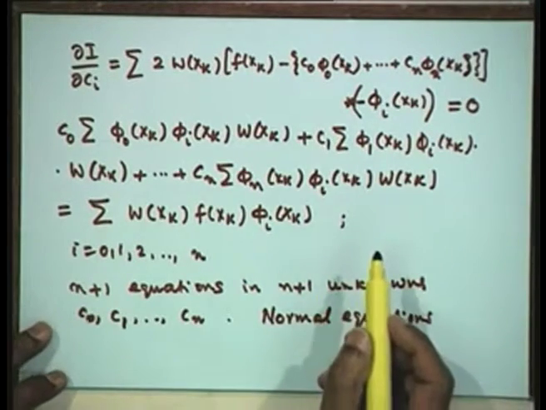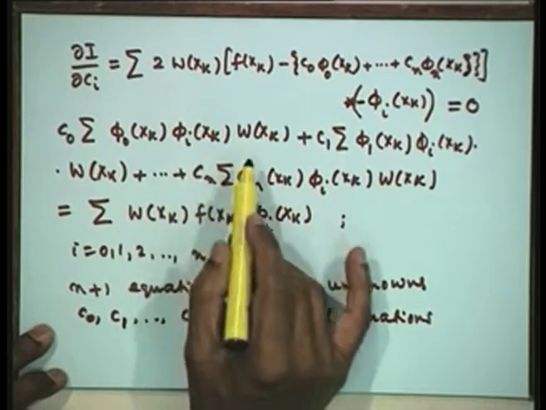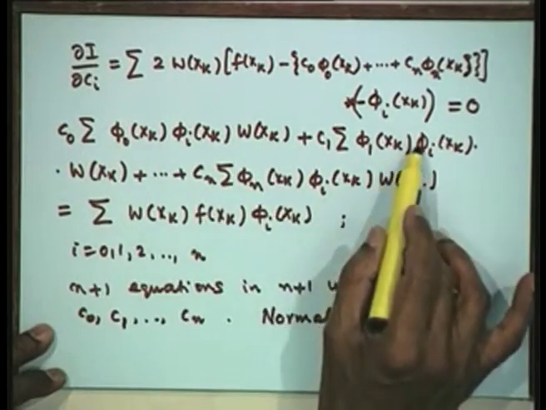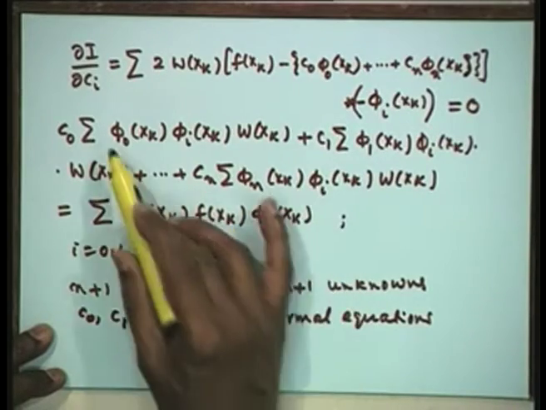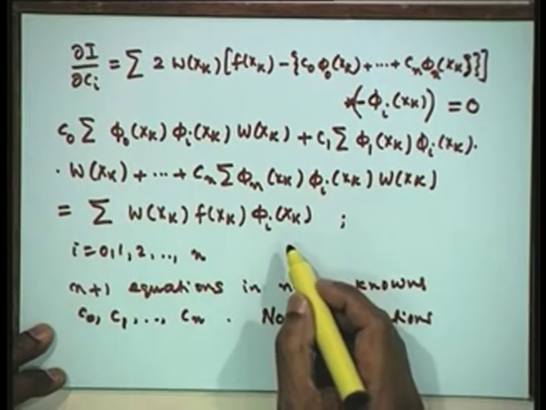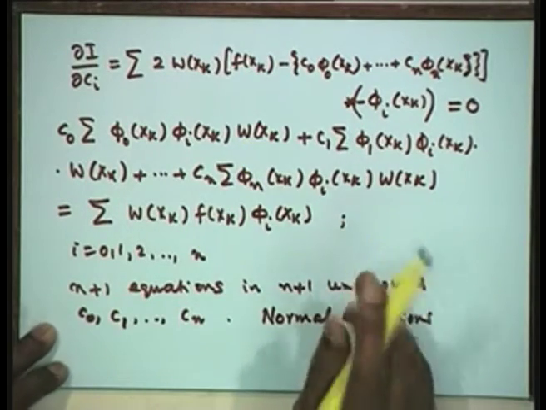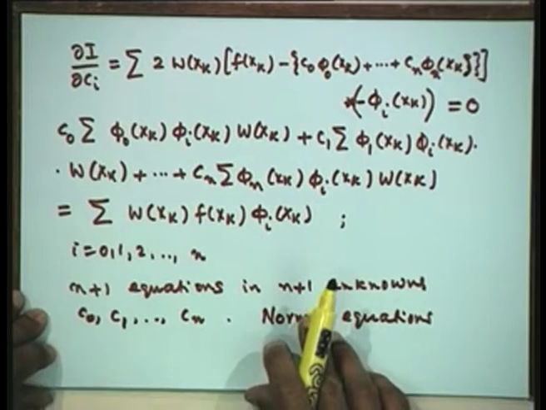Therefore, in any particular problem, once our phi i are given to us and the weight function is given to us, we just evaluate these sums over here, solve the n plus 1 equations in n plus 1 unknowns, and then substitute back in p x for the values of C naught, C 1, C n, and that gives us the least square approximation.